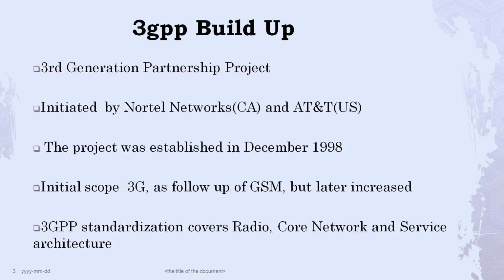What happened instead was that the scope was increased with newer technologies, such as after 3G came HSDPA, HSUPA, HSPA+, then release 8 LTE, then release 10 of LTE Advanced, and so forth. The 3GPP standardization covers the radio access, core network, and service architecture.